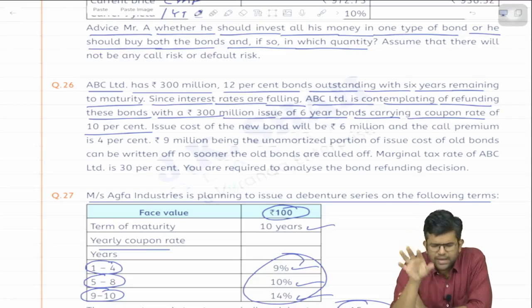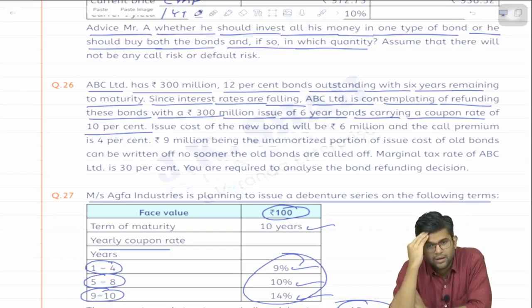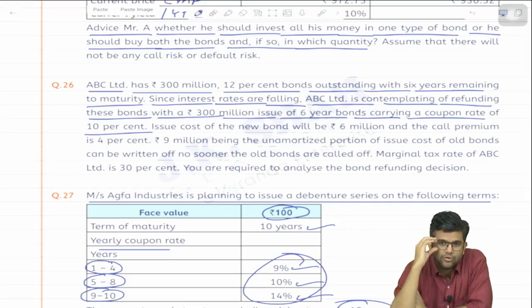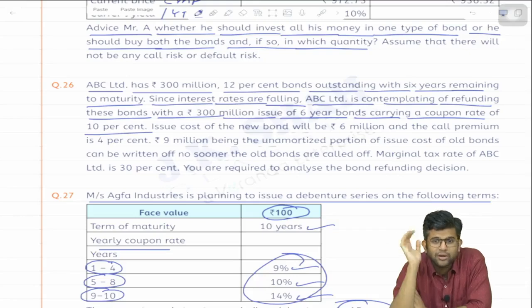As of today, 6 years are still pending for me to pay her interest, and after 6 years, I will repay her principal. Everybody clear? Now, what do you think I have done with Bhavani's money? Dream 11 team I have made? No. I took her money and invested in some project, some asset, some full-fledged business must be going on. After 6 years, I will stop the business, get out the money and give it to Bhavani, correct?